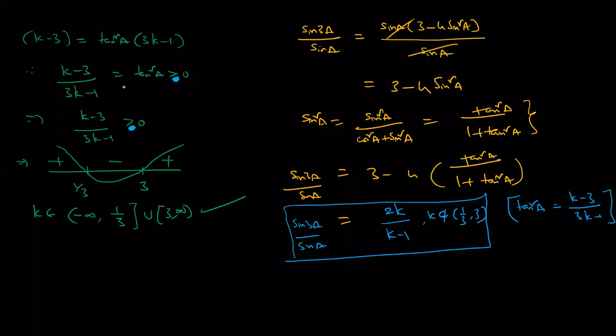Tan A equal to 0 means K is equal to 1 by 3. What happened in this case? K equal to 1 by 3 does not exist for this case. Why? Because sin A must not be equal to 0, otherwise undefined case. Sin A must not be equal to 0. That's why strictly greater than 0.